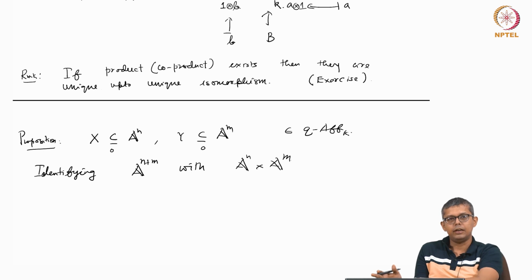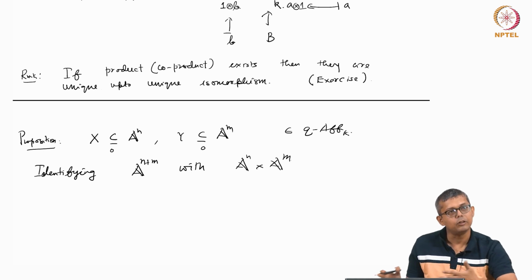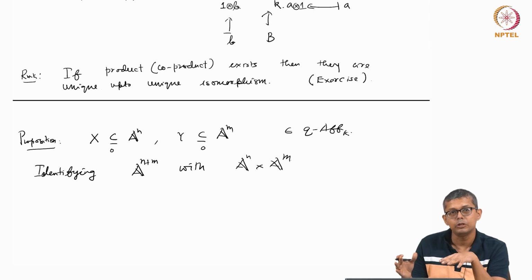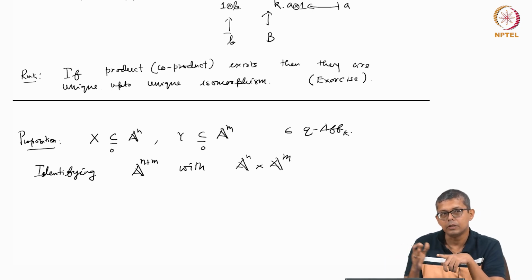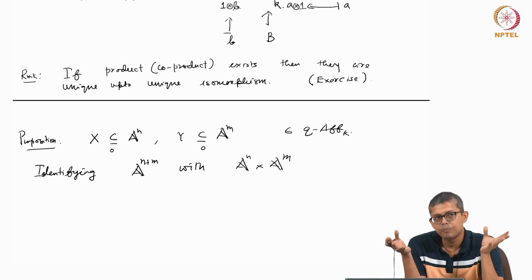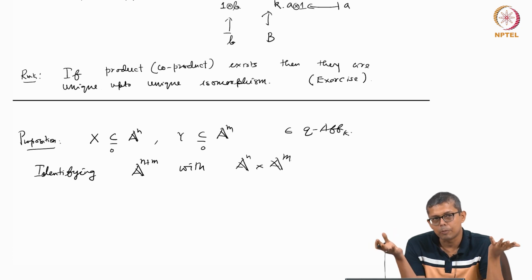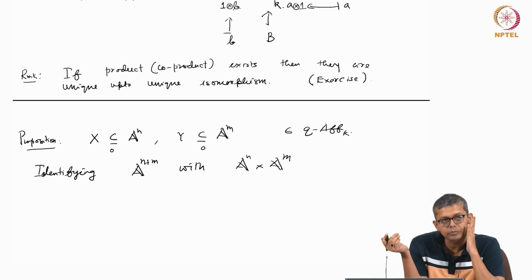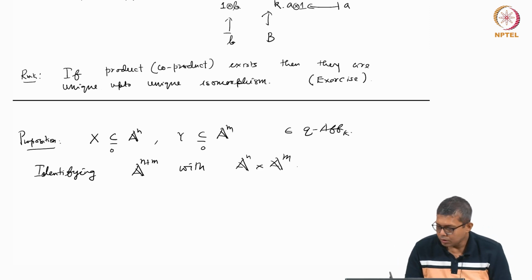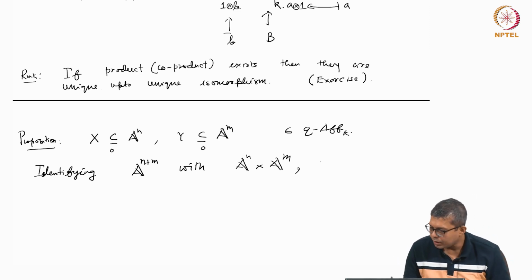So when I say identifying, it means the topology of A^(n+m), not the product topology. The product topology is weak, because A^1 cross A^1 has few open sets, but in A^2 you have more open sets and more closed sets.